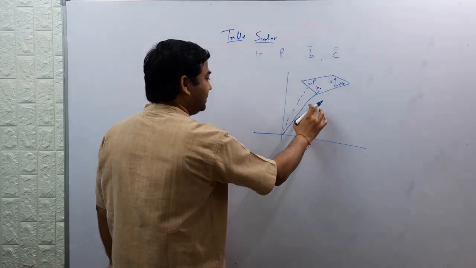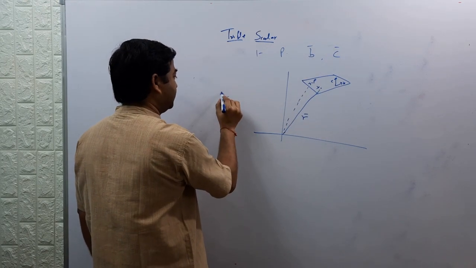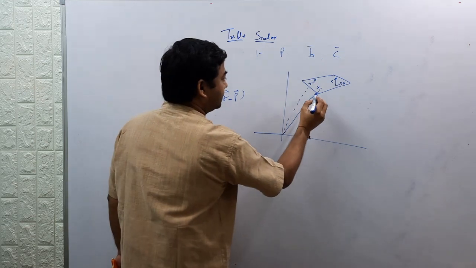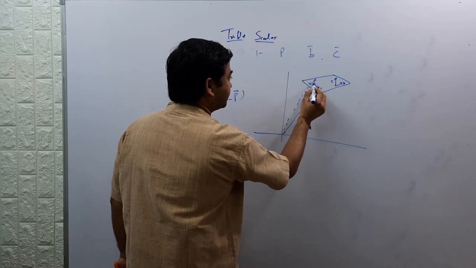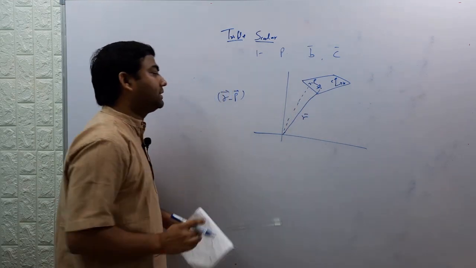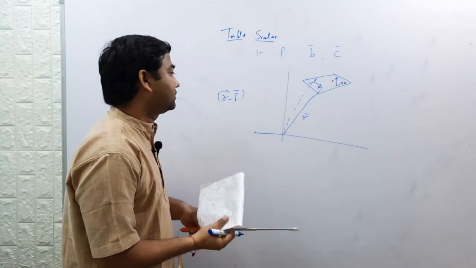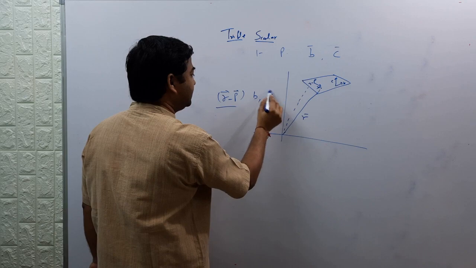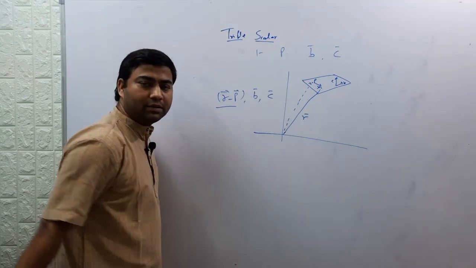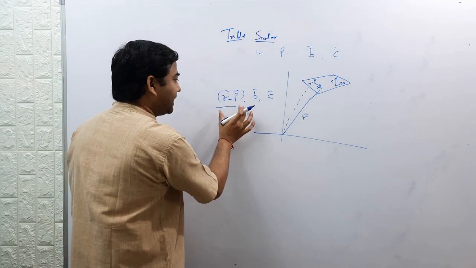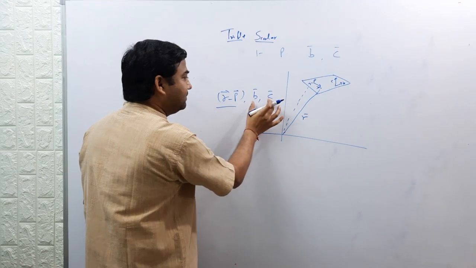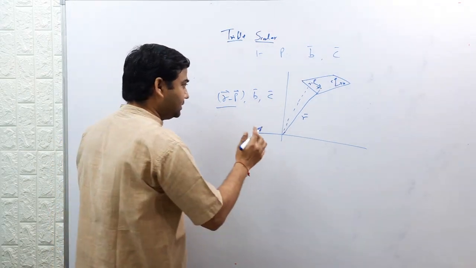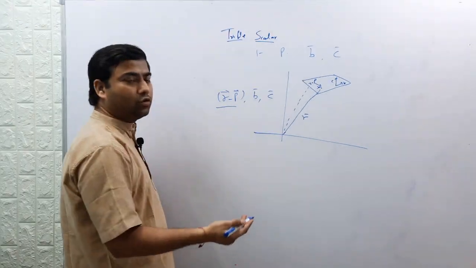So consider vector r minus vector P. You can see that r minus P, B and C are in the same plane. So vector r minus P can be represented in terms of vector B and vector C with suitable coefficients.